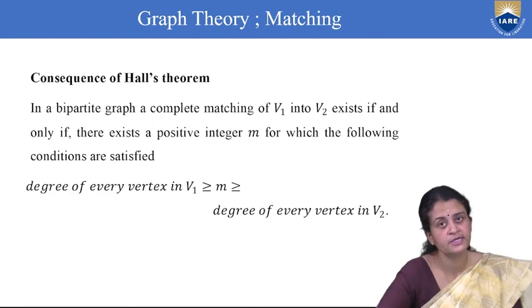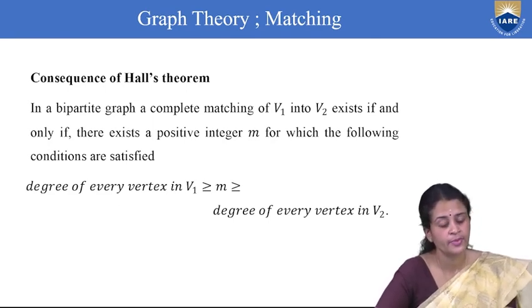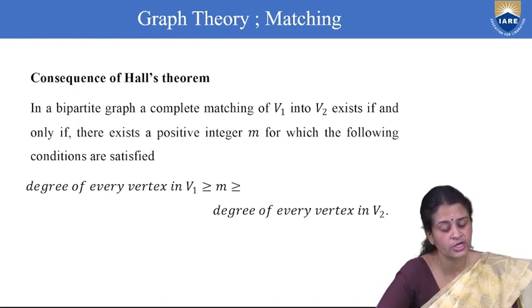And now we can see the consequence of Hall's theorem. In a bipartite graph, a complete matching from V1 to V2 exists if and only if there exists a positive integer m for which the given condition is satisfied.